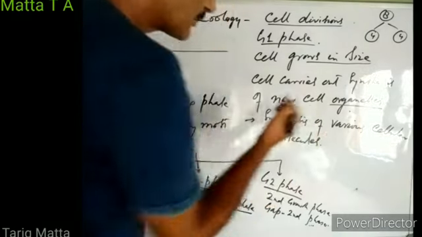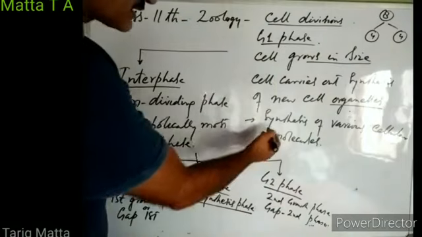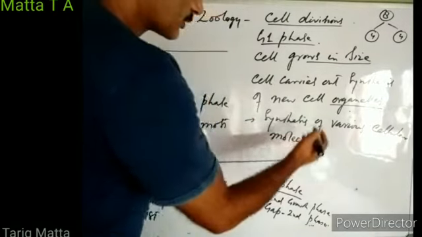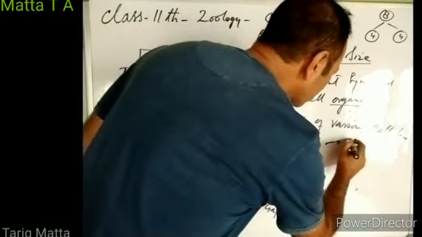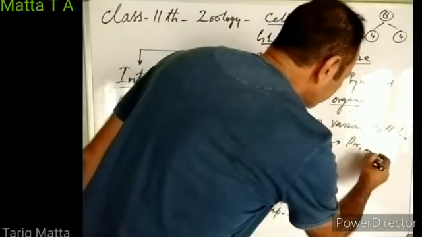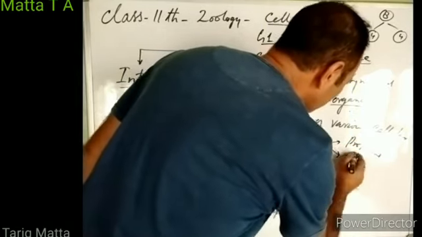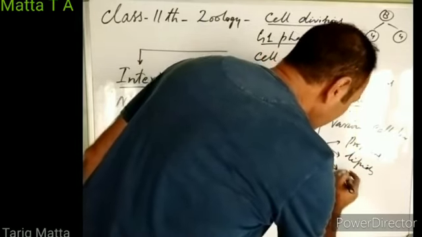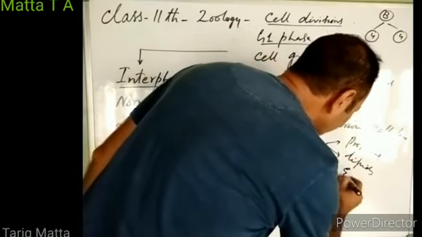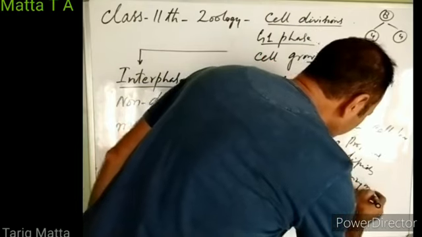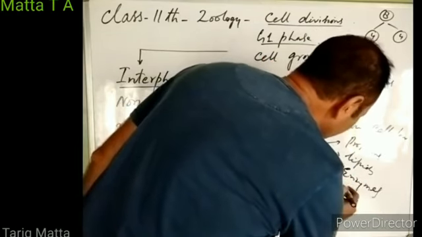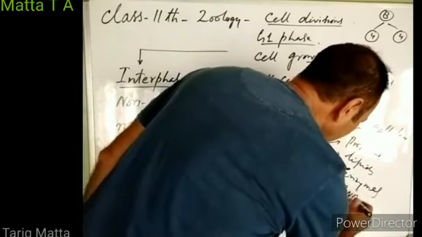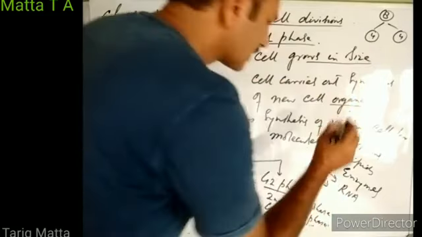So in this phase, the cell carries out synthesis of various cellular molecules. It forms proteins, it forms some lipids, it forms some enzymes, it synthesizes RNA, it synthesizes other materials.